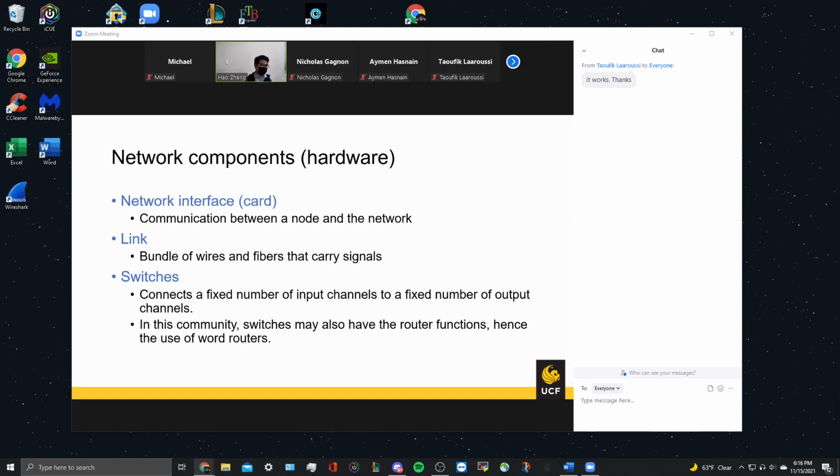Is that clear? And the link, a bundle of wires and fibers that carry the signals, right? And the switches connect a fixed number of input channels to a fixed number of output channels. And in this community, switches may also have router functions, and people use the word routers.